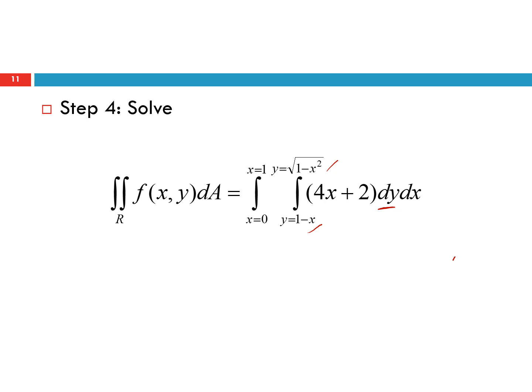For the x limits, the lower limit is 0 and the upper limit is 1. Next we can solve the integration. To solve this, you need to use the substitution method.